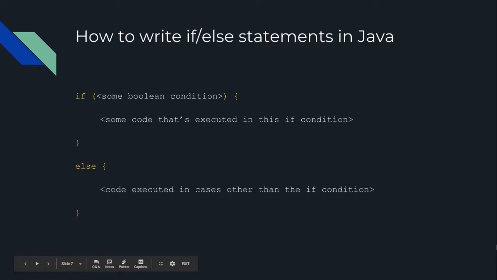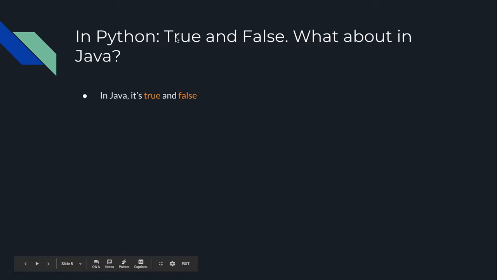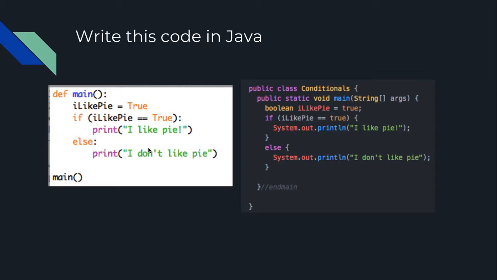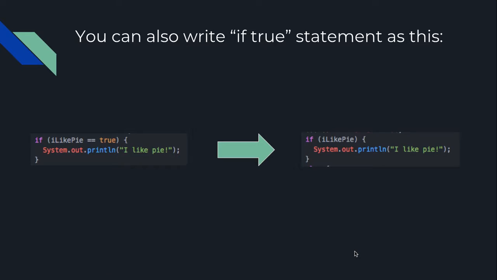Now, I just went over this, and this is the code that I just wrote. And there is actually a syntactically better way of writing when something is true. So in this case, I had originally written if iLikePy equals true. This is actually quite repetitive.